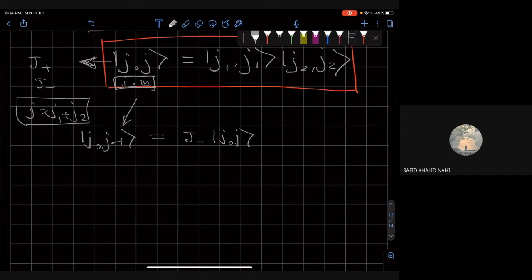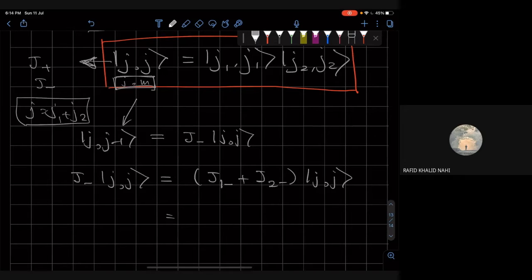So j minus acting on jj. What is j minus? j minus is j1 minus plus j2 minus, right? So it's also acting on jj.